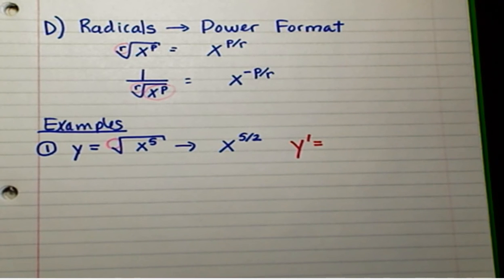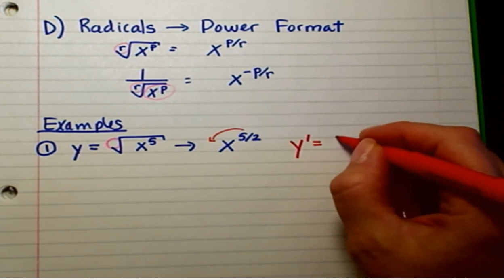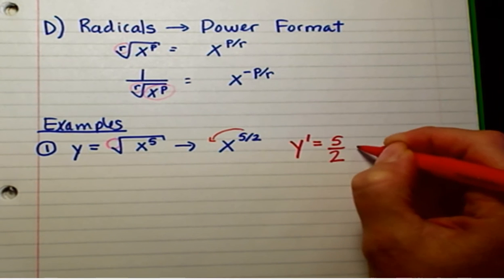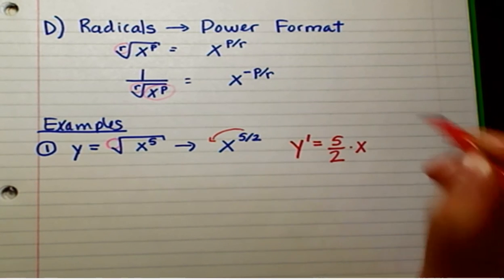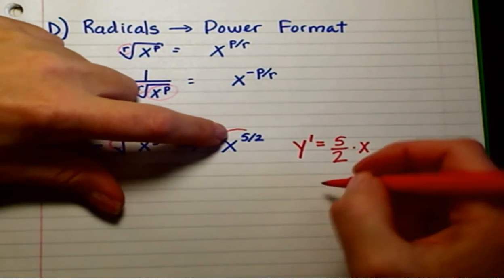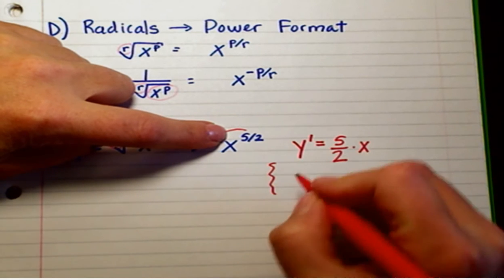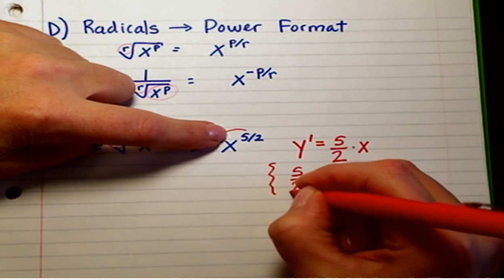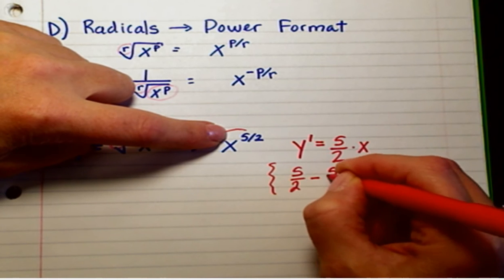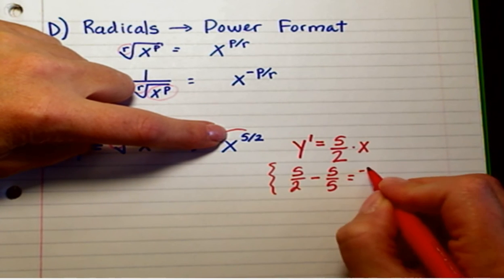Okay. Drop the power. Subtract 1. Okay, if you need your calculator or scratch paper, go for it. Okay, so I'm going to do the arithmetic right underneath of this, just as a little scratch work. So 5 halves minus 1 is minus 5 over 5, which is negative.